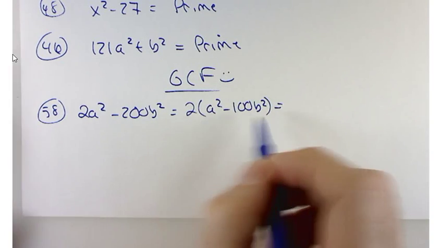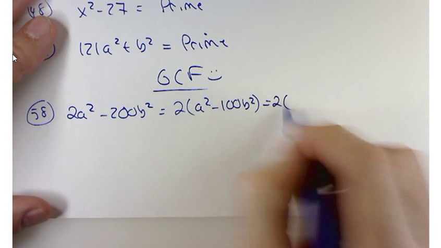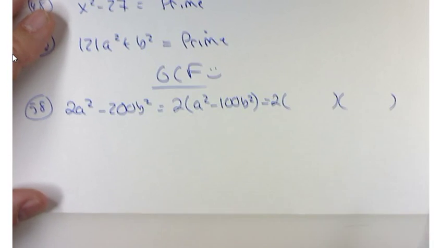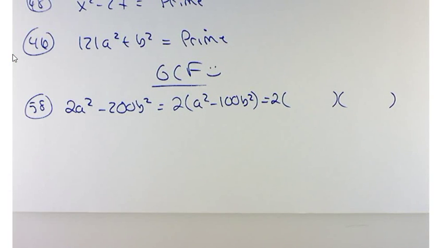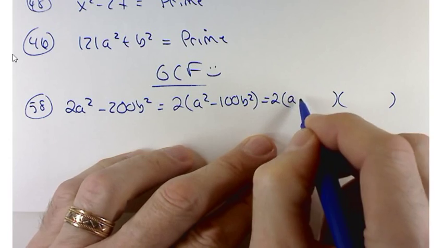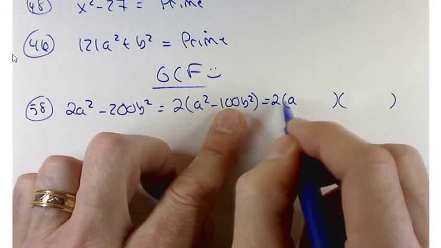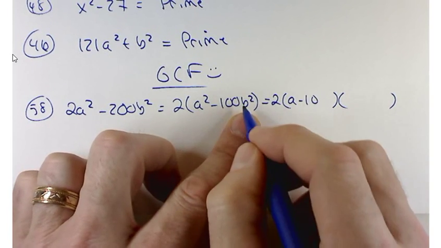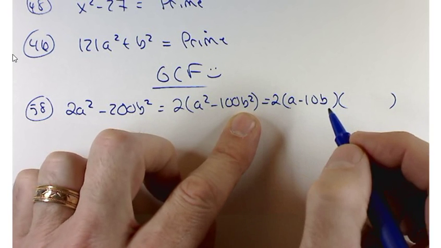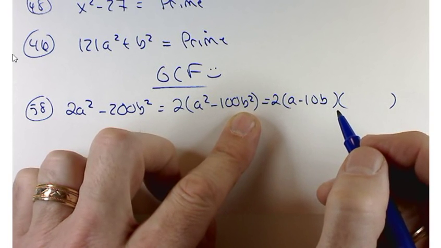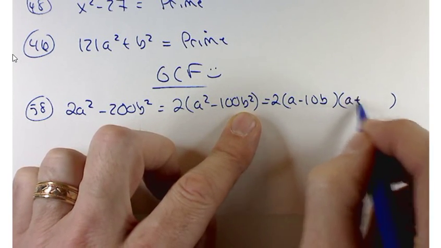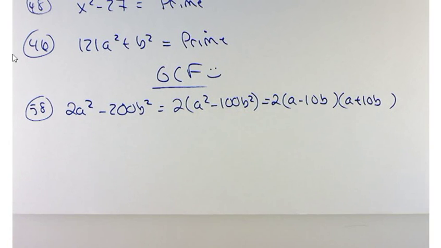A minus 10b. Good. And A plus 10b. And that's it. If you wanted to check yourself, what I would do is I'd FOIL those two together first, clean it up, and then distribute the 2. That's correct. What we've got there is correct.